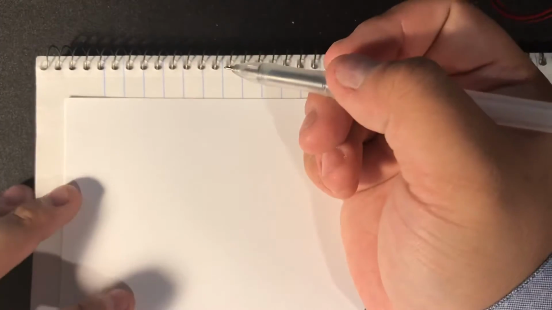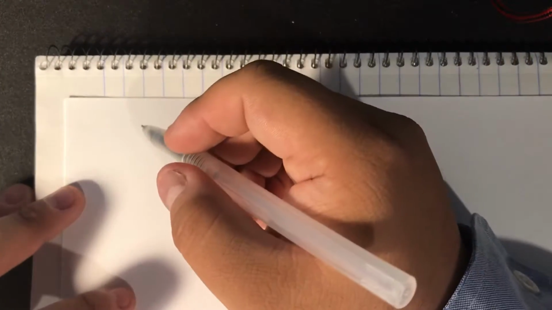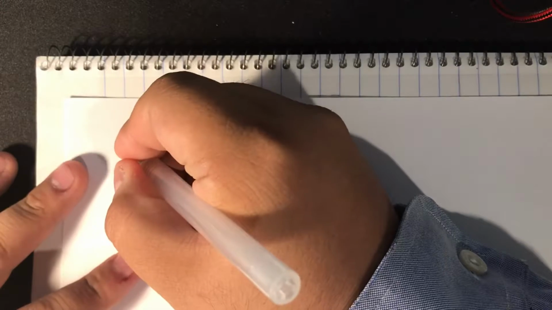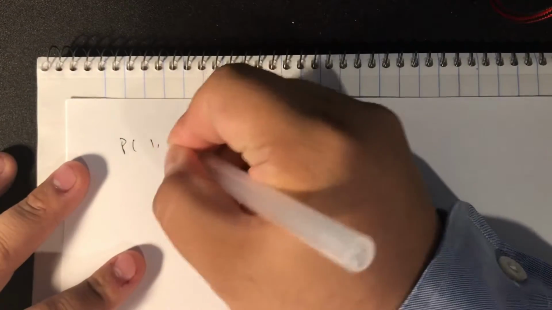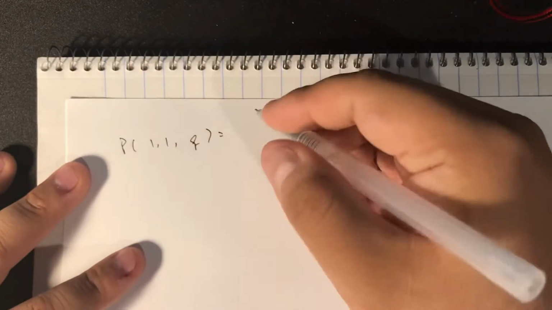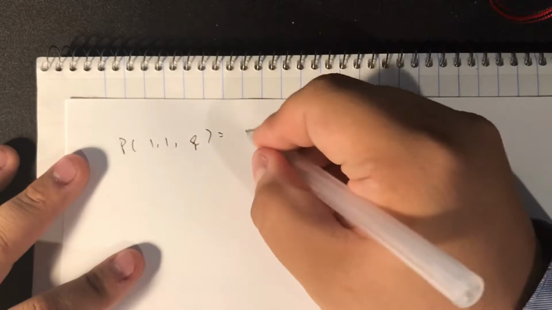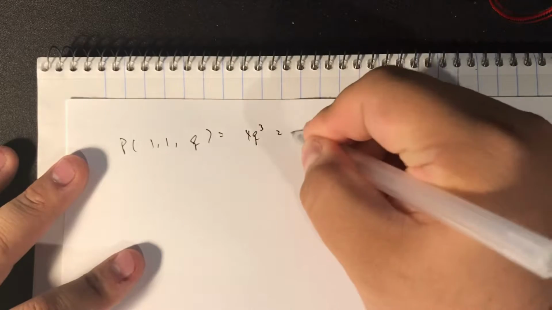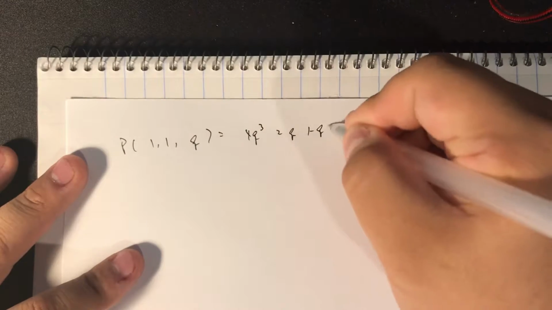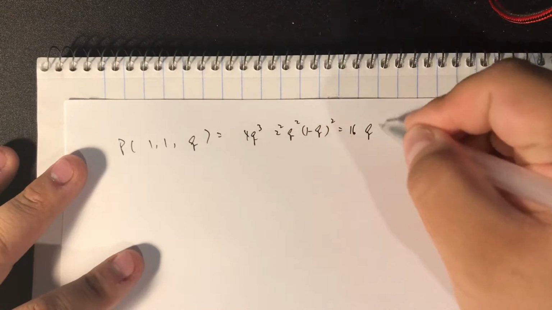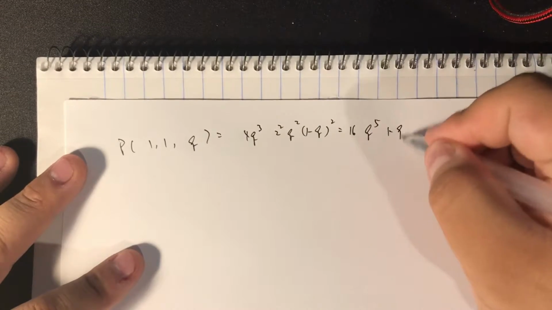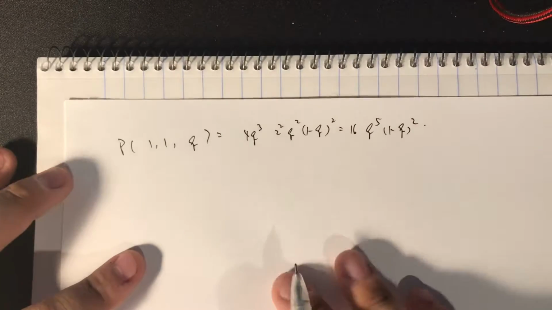Okay, question number 5, Bayesian estimator. Let's see what we have. The probability of 1 claim in the first 2 years, given Q, is this.